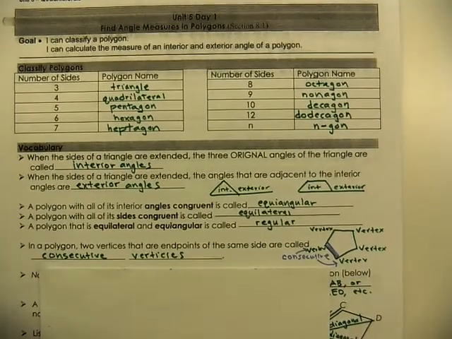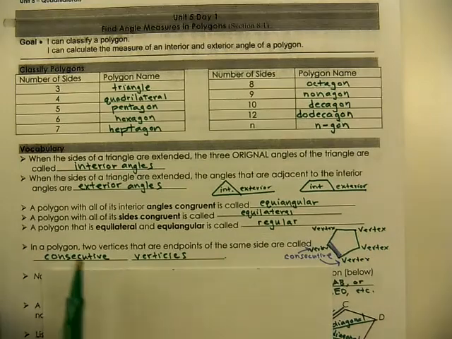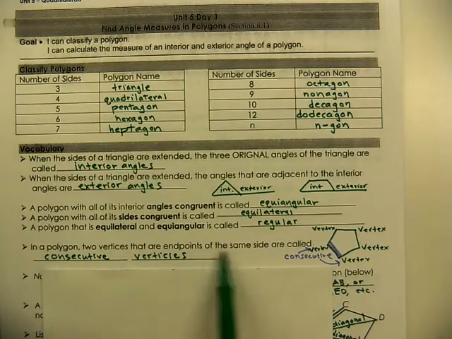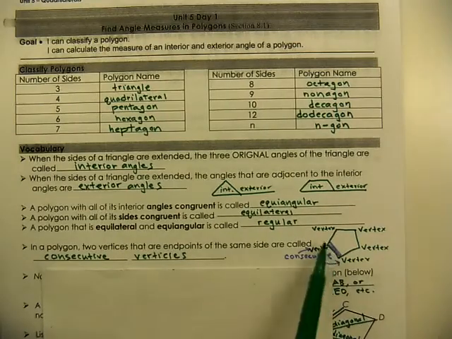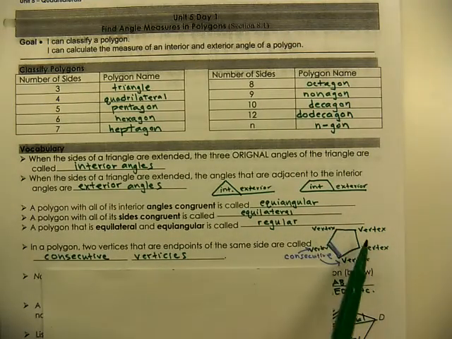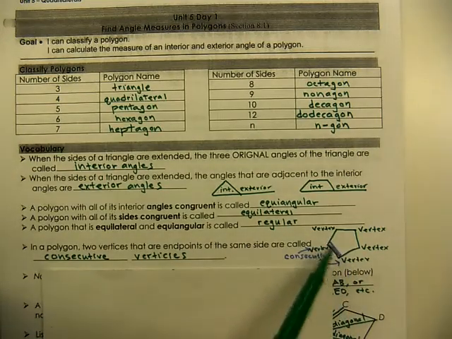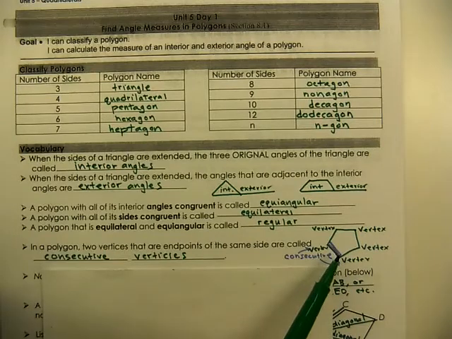Here, if we have vertices, we want to identify which ones are the ones that we call consecutive vertices. In a polygon, 2 vertices that are the endpoints of the same side are called consecutive vertices. So here, for example, I have 5 sides. We have 5 vertices, and if you're looking at one particular side, any vertices that are touching that same side, those are consecutive.